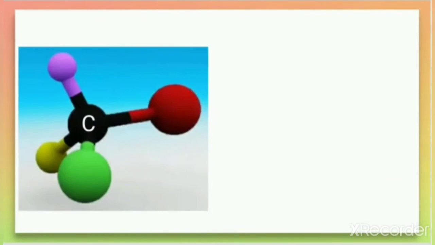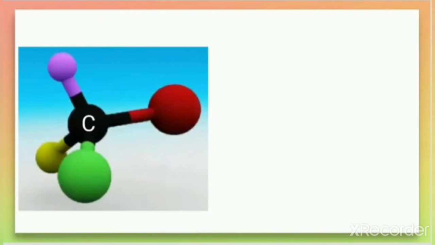As you know, carbon is tetravalent, that means it has 4 valencies, and the 4 valencies can be satisfied by 4 atoms or groups of atoms.